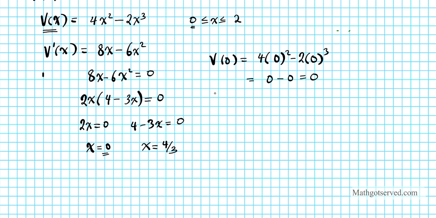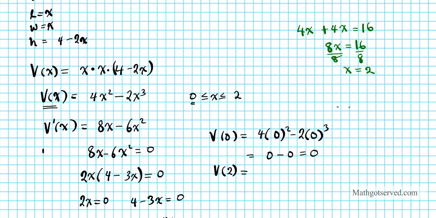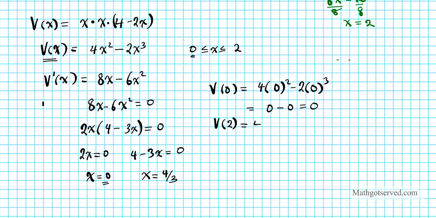All right, let's try the upper limit, which is v of 2. In this case, we're allocating all our resources to the top and bottom and nothing to the height. Let's see what happens here. So we have 4 times 2 squared minus 2 times 2 to the third. Okay? 2 squared is 4. 4 times 4 is 16. Minus 2 to the third is 8. 8 times 2 is 16 equals 0.